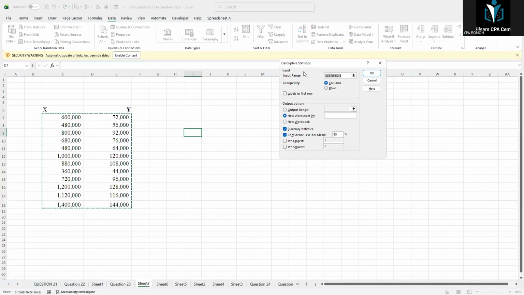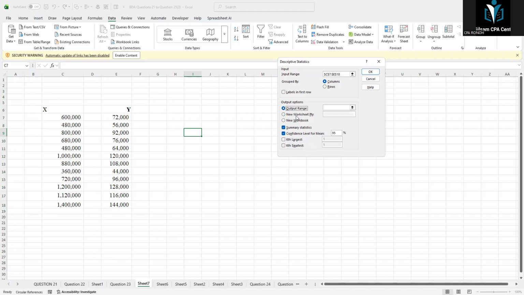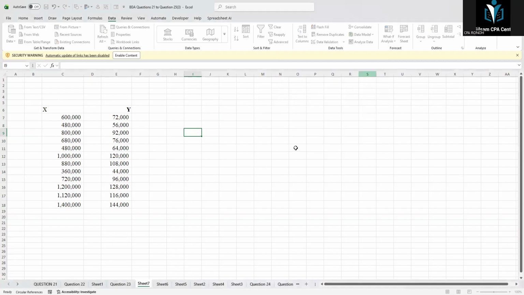Put the cursor there, and for the input range, select your entire data. Then let's maintain the confidence level of 95%. For the output range, if you don't want the results in a new worksheet, let's put it here, and then click OK.